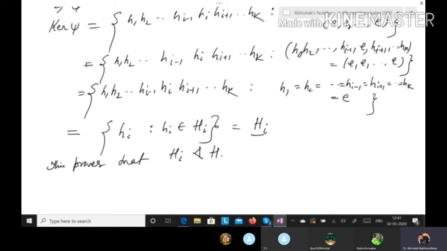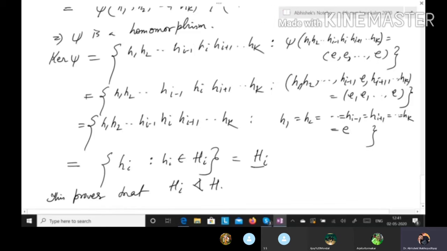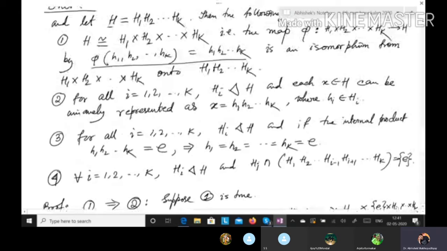Now for the second one, that is given any x, you need to show that this x can be uniquely represented as this. Now since x belongs to H, and H is the internal product of H1, H2, Hk, this x must have an expression of this form.